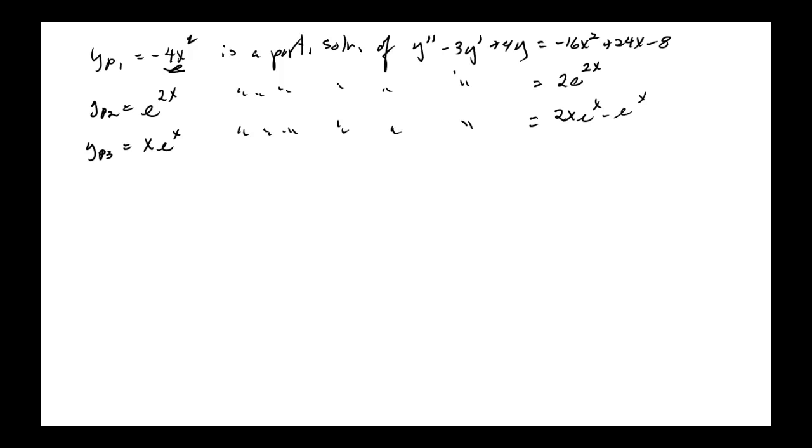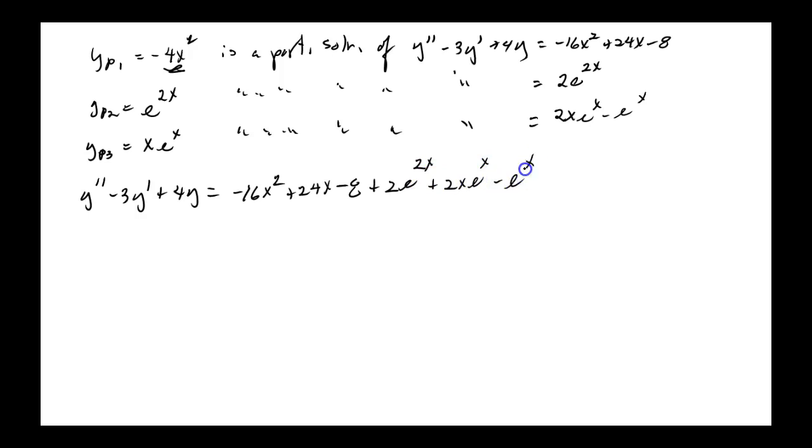Now, what now follows is, what if you had this as your differential equation? Y double prime minus 3y prime plus 4y equal minus 16x squared plus 24x minus 8 plus 2e to the 2x plus 2x e to the x minus e to the x.